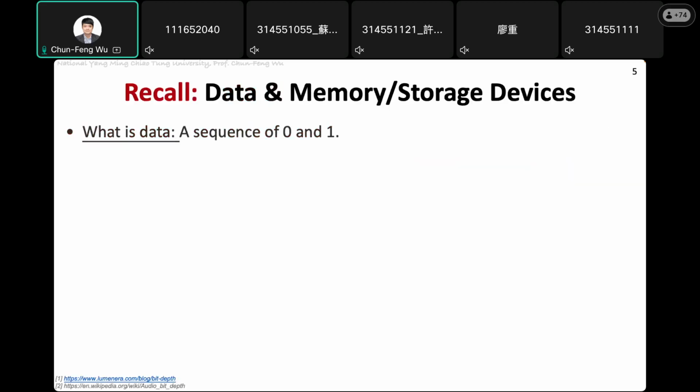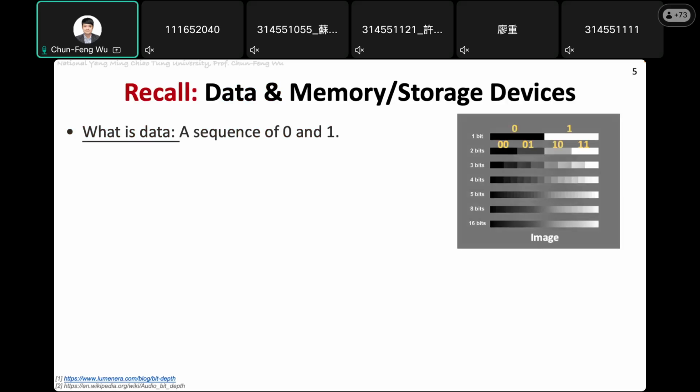And we also talk about the data, just what is the data? The reason we talk about data is that we are going to start from our device part, like how to store the data. So data is a sequence of 0s and 1s. Like in this image, there is a binary image and a grayscale image. The only difference is how good the quality of the image is.